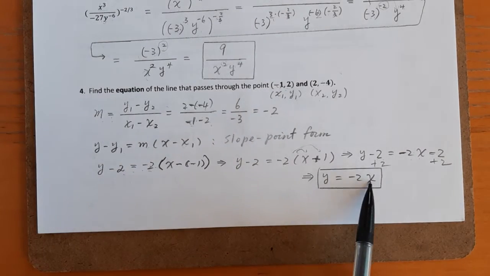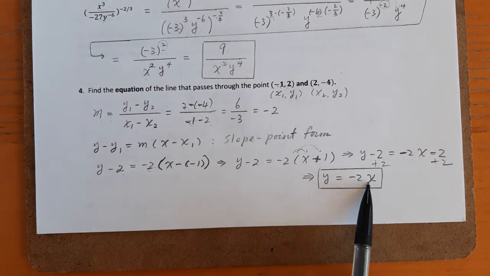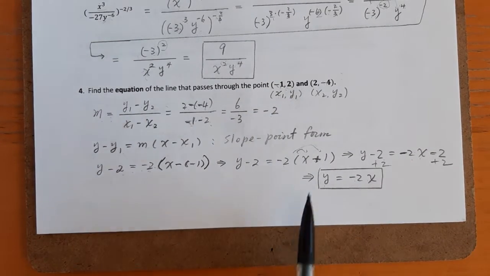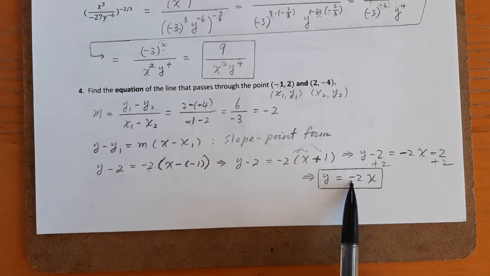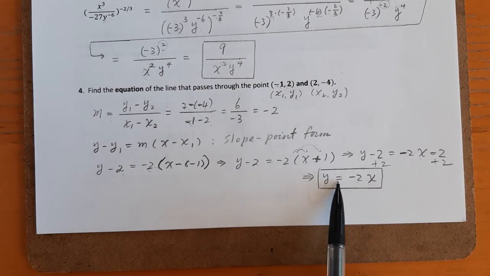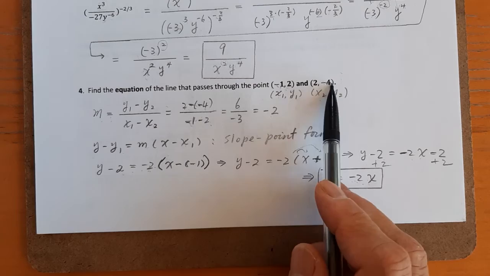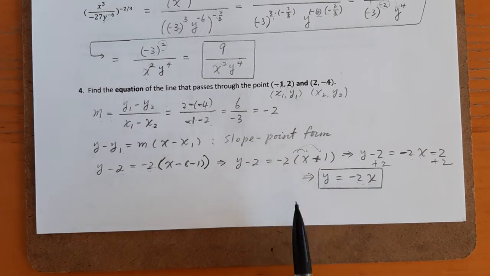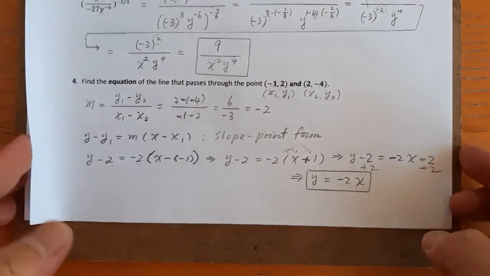If x equals -1, -2 times -1, y equals 2. So y is 2. And if x is 2, -2 times 2 is y equals -4. So here y is -4. So the 2 points satisfy this equation. So that's the right answer.